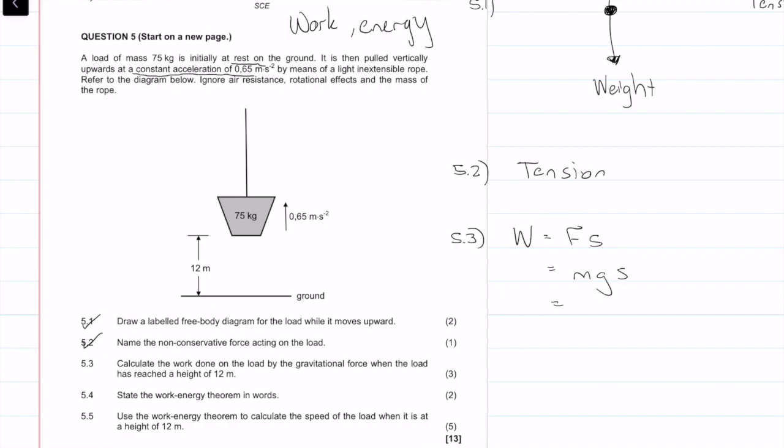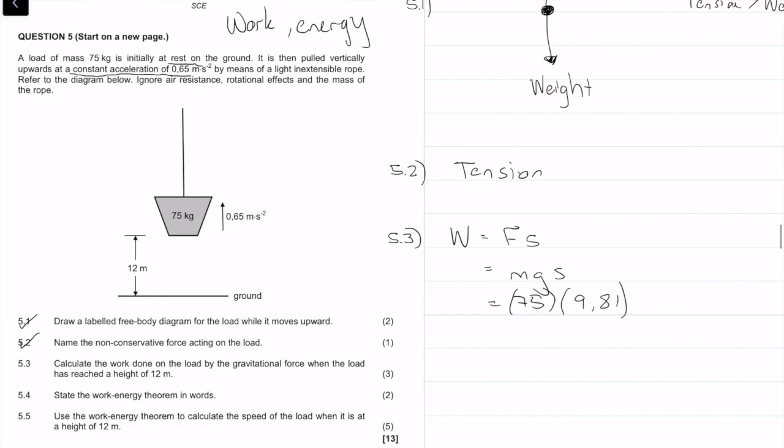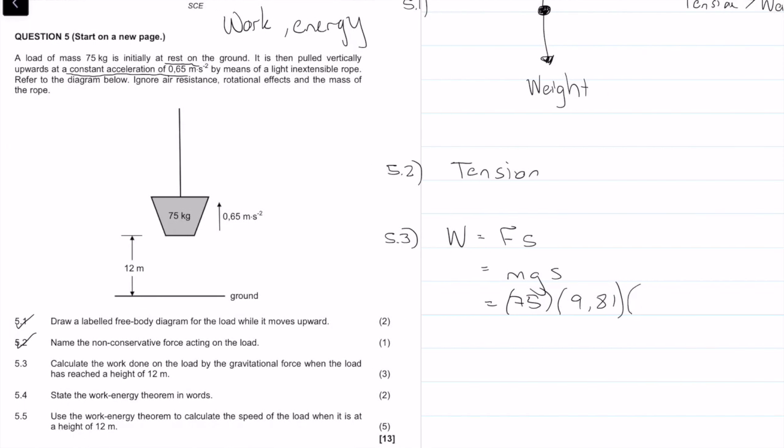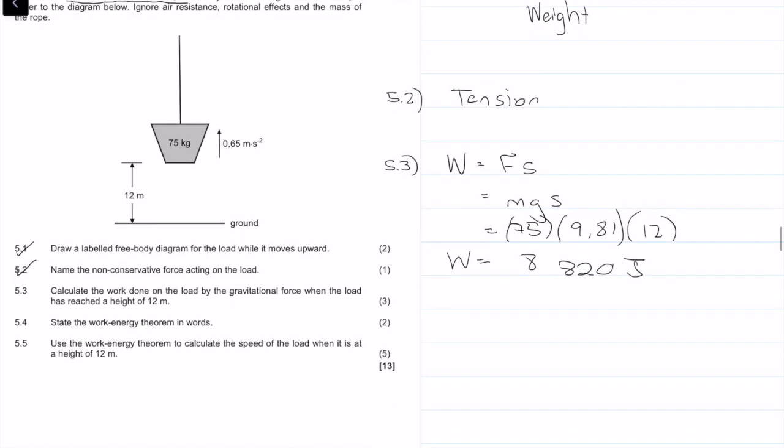Our mass is 75 kilograms, our value of gravity is 9,81, and the displacement is 12 meters. So we get that our work is equal to 8,820 joules.